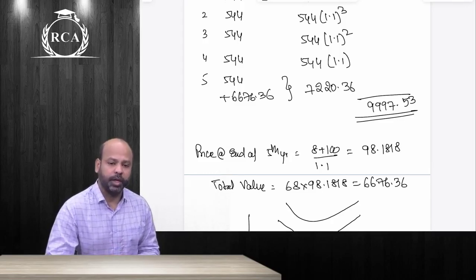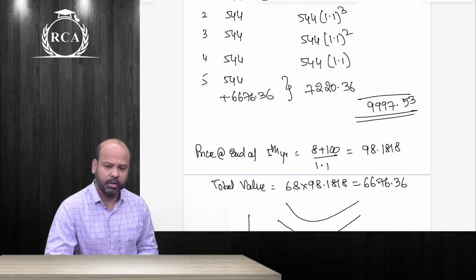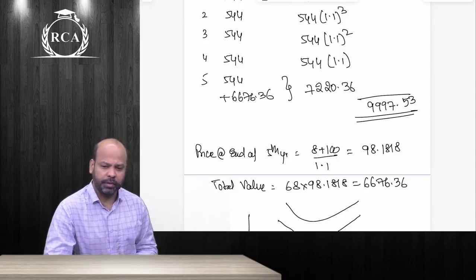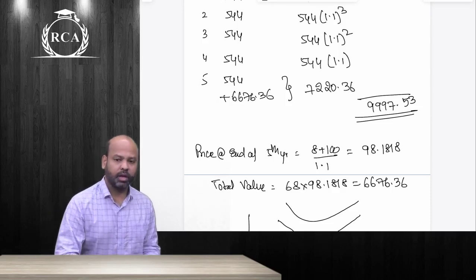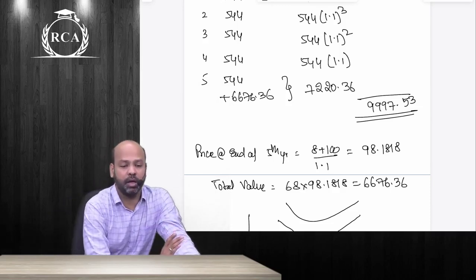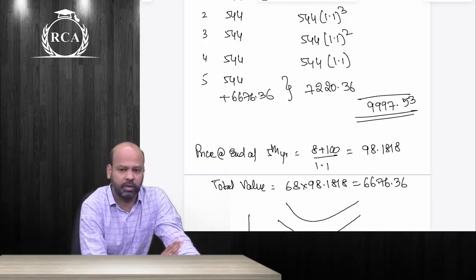In brackets beta, as there will be no price risk and reinvestment risk.